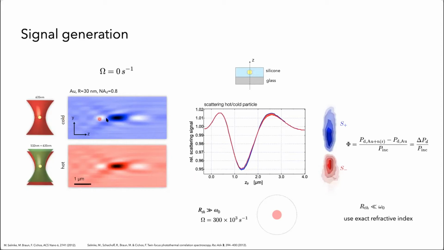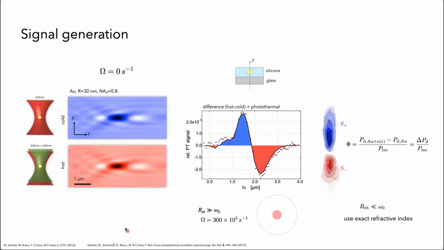Here you see an actual cut. Here you have a positive signal, and here you have a negative signal. If you take the difference of these two, you get this kind of dispersive signal, which is very characteristic for the photothermal detection technique, coming from the fact that in one case you have more signal than without the refractive index profile, and in the other case you have less.